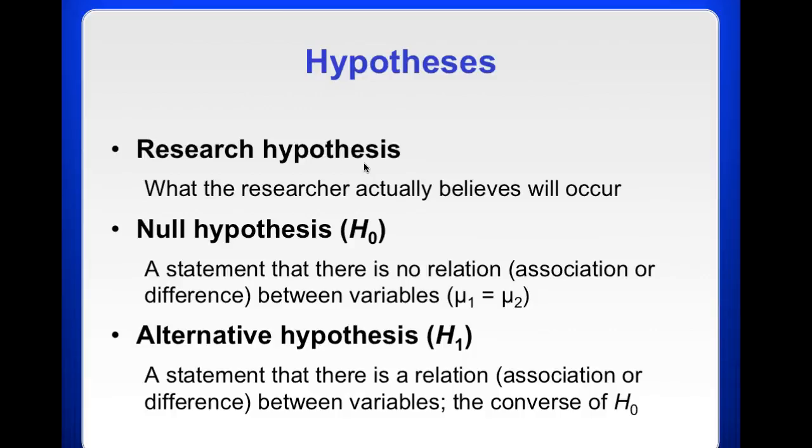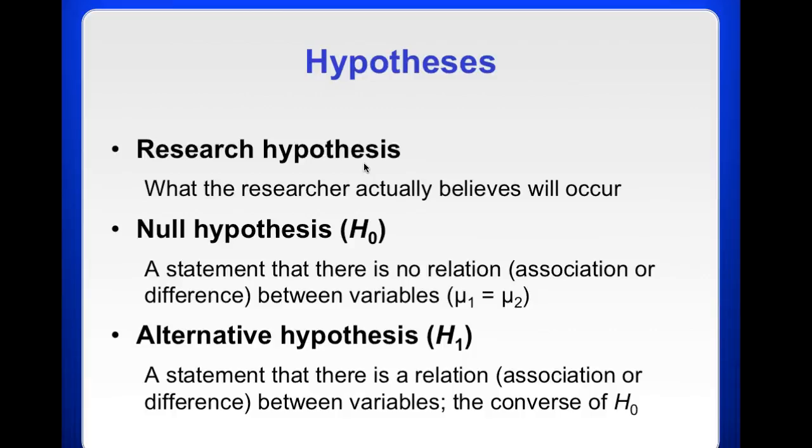It's a statement that there is no relation, meaning if you thought that a certain drug would help you increase strength faster than someone who wasn't taking the drug, but you are both still doing the same resistance training, then the null hypothesis would say that there would be no effect: after, let's say, 3 weeks of taking this drug and doing resistance training for both groups, one taking the drug and one taking a placebo, there would be no difference.